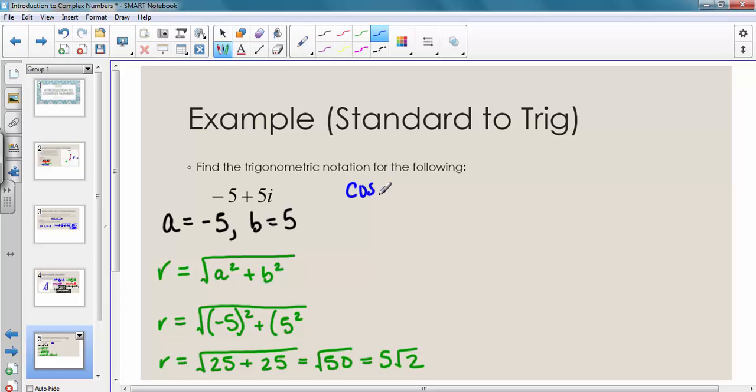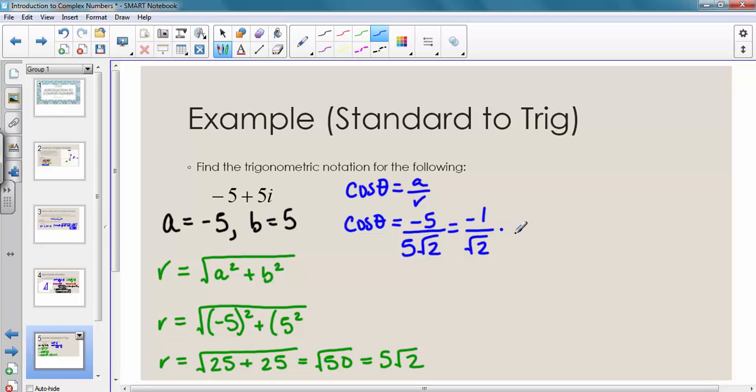We know that cosine of theta equals A over R. So cosine of theta equals -5 over 5 root 2. My 5's are going to cancel out, and I'm left with -1 over the square root of 2.